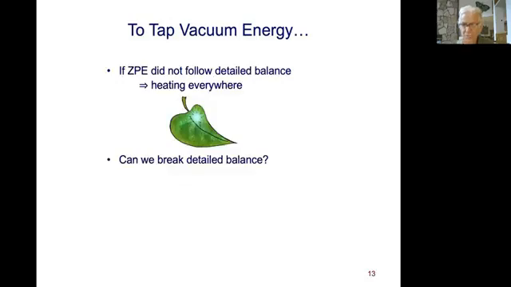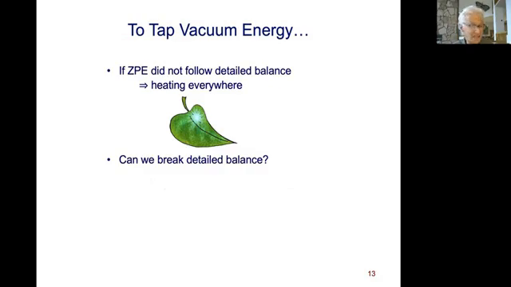And if this weren't true, what would happen? Then we might have a net flow. For example, if zero-point energy everywhere were absorbed by a leaf, and a leaf is a nonlinear material, the leaf is going to take these zero-point energy fluctuations and down convert them into heat.